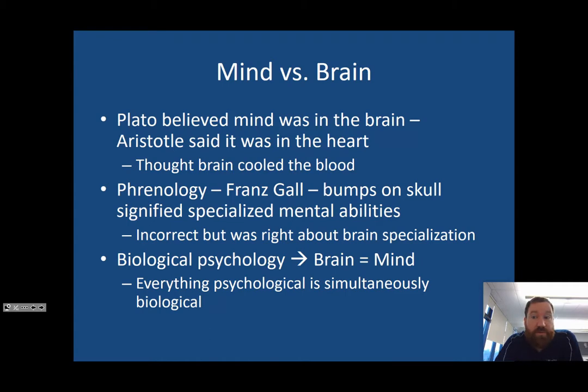So it really wasn't until recently that we got to understand how the brain works and how the different parts of the brain are related. This actually gets started in the 1800s with a guy by the name of Franz Gall, who created this pseudoscience called phrenology.